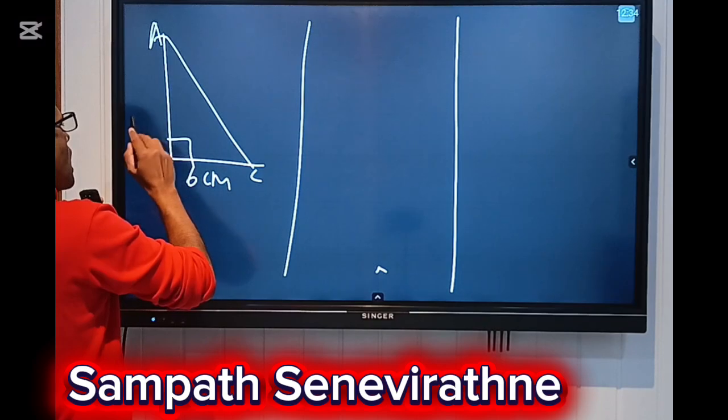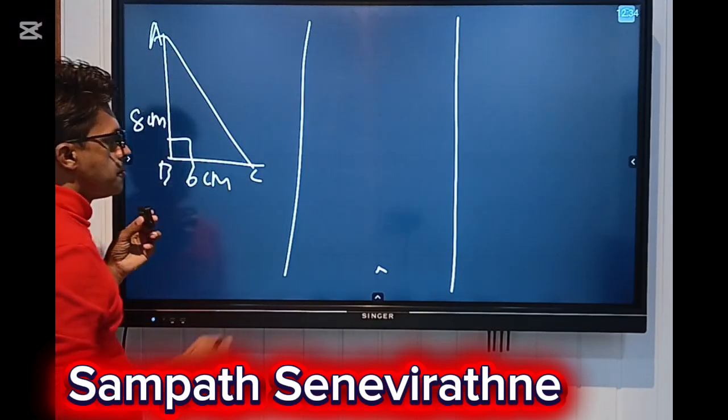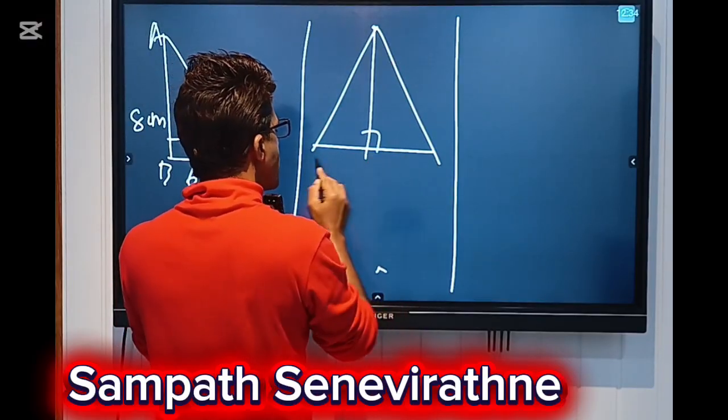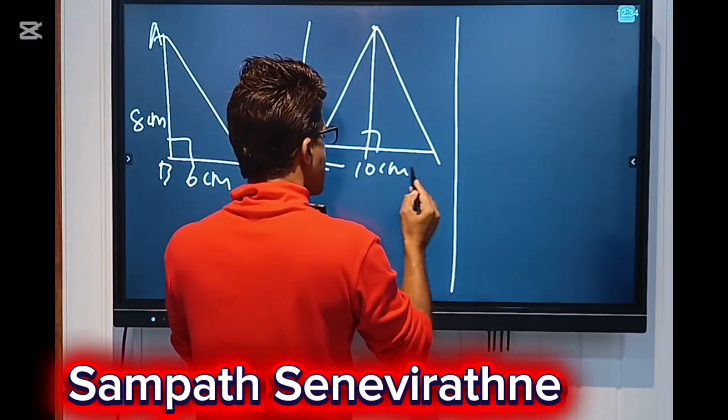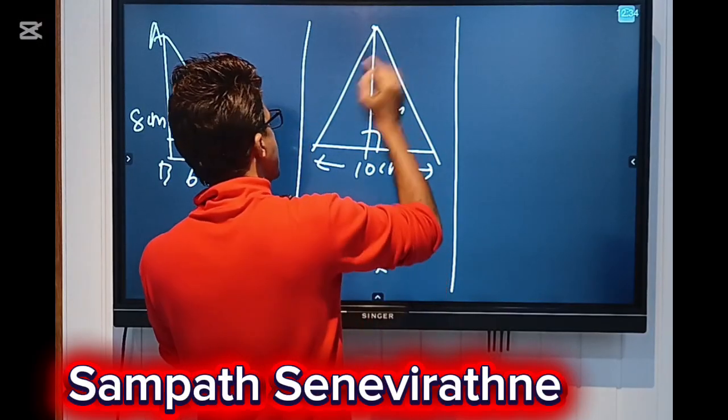The perpendicular height of this triangle ABC is 8 cm. When it comes to this triangle, the perpendicular height can be taken here as 12. So the perpendicular height is 12 here.